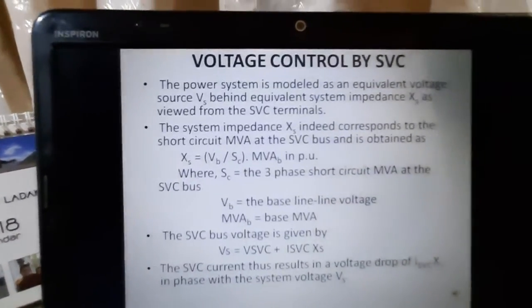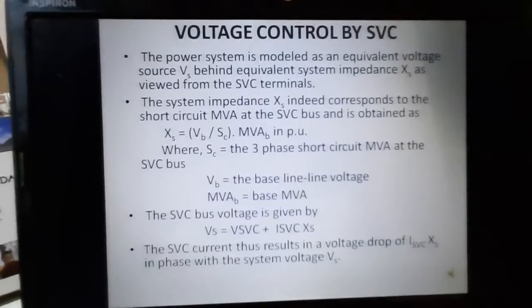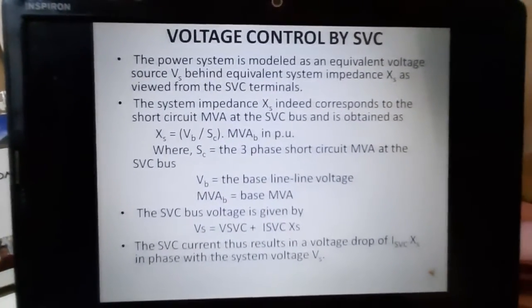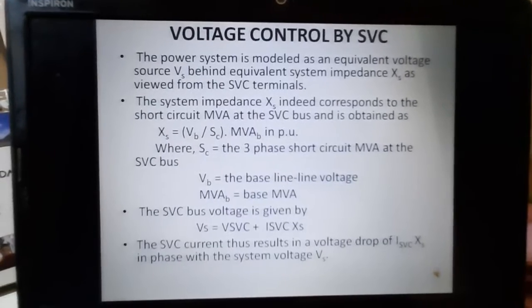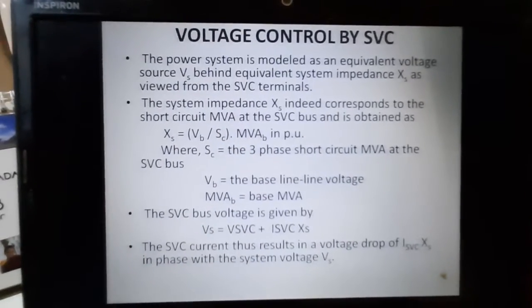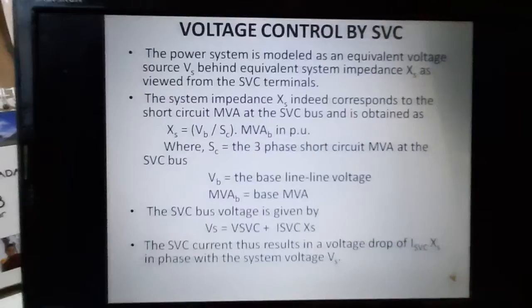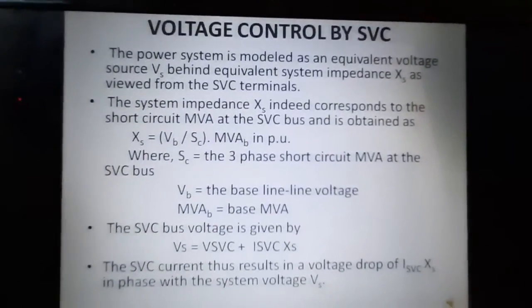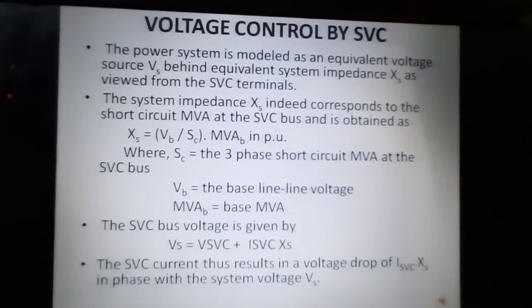The voltage control by SVC can be understood by taking the reference of the VI characteristic. The power system is modeled as an equivalent voltage source Vs behind an equivalent system impedance Xs as viewed from the SVC terminal.